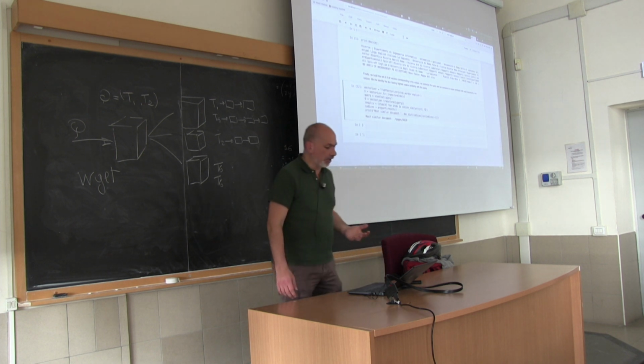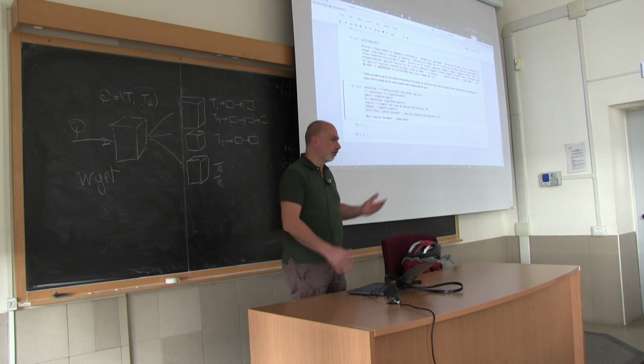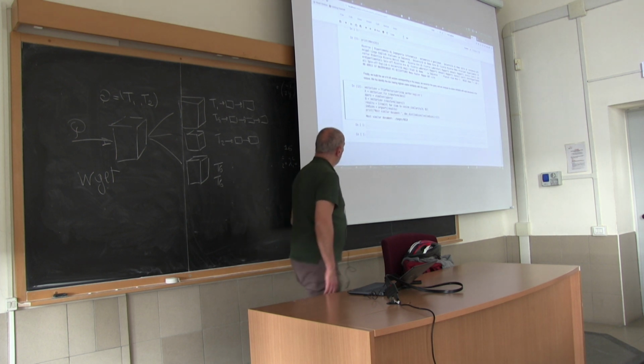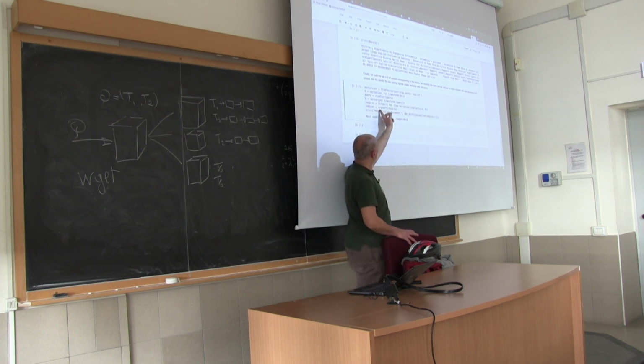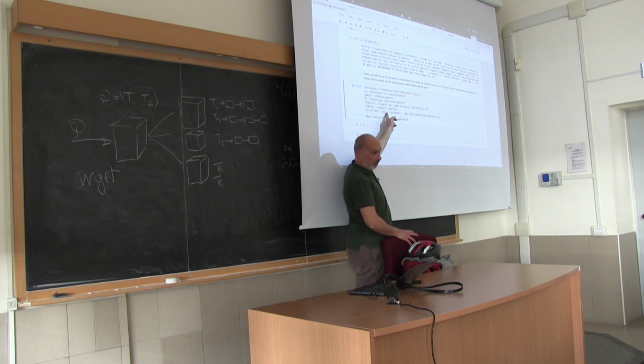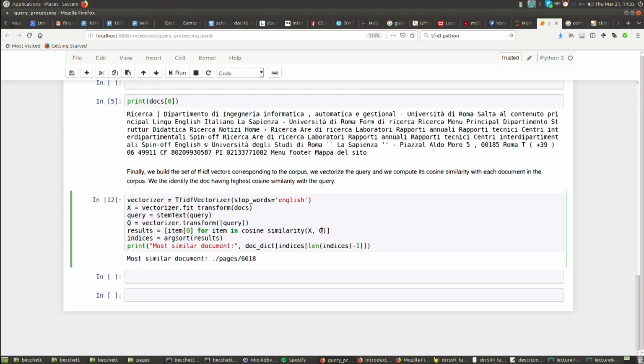Since this is a NumPy object, I will use a NumPy function to do the following. I will first sort the results based on cosine similarity, so the higher the cosine similarity, the lower the position of the document. I do this using argsort because I want the indices back.